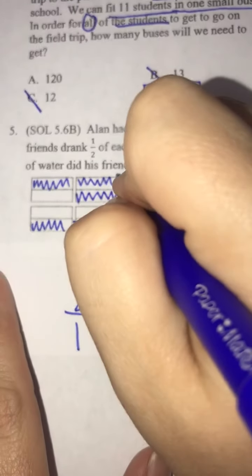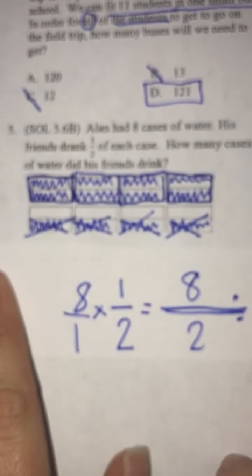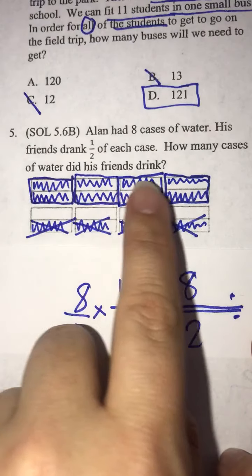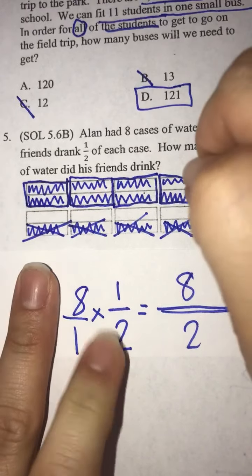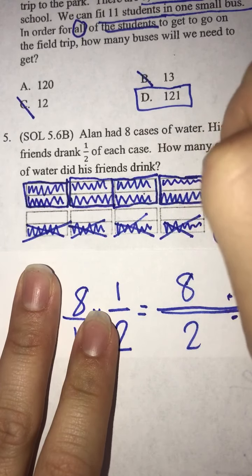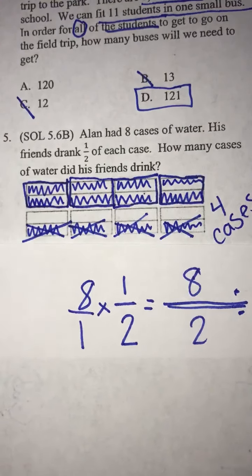I think some students get nervous to combine things, but as long as the pieces are the same size, you can combine them to make wholes. So based on the cases, I have 1, 2, 3, 4 whole cases. And that's where the math came from.